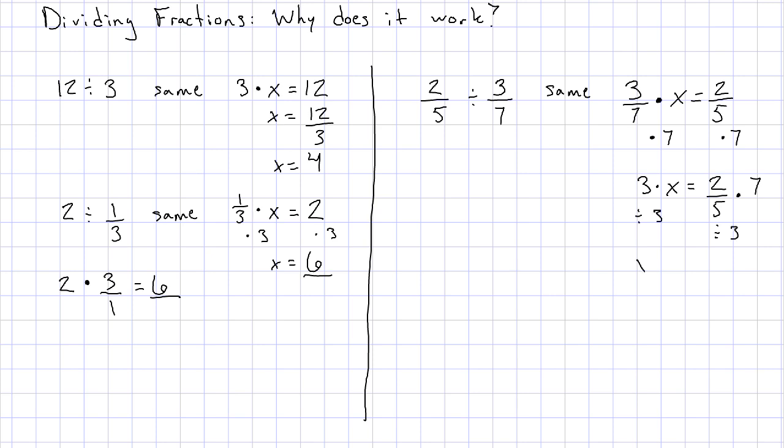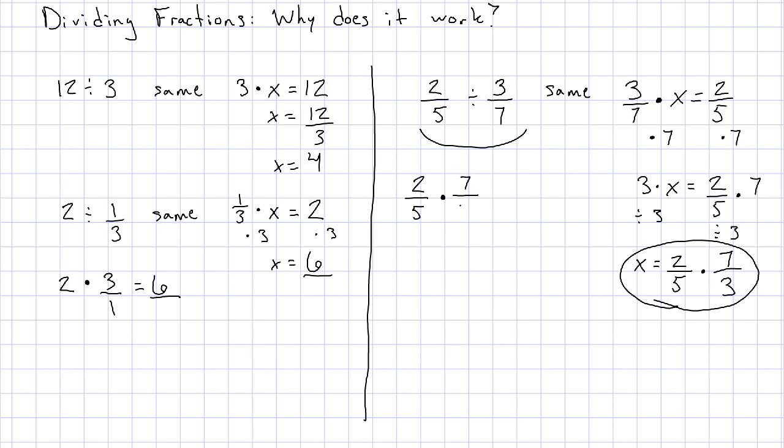So I have x equals 2 over 5 times 7 over 3. This is my answer to this problem, and it is the same as multiplying by the reciprocal, otherwise known as copy dot flip. So I've changed to a multiplication, and I have my 7 as the numerator and the 3 as the denominator.